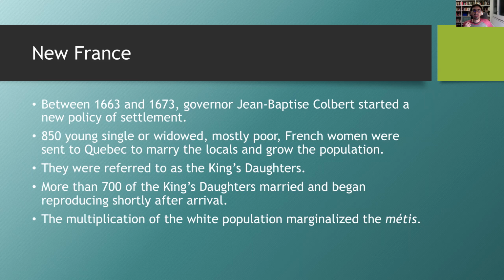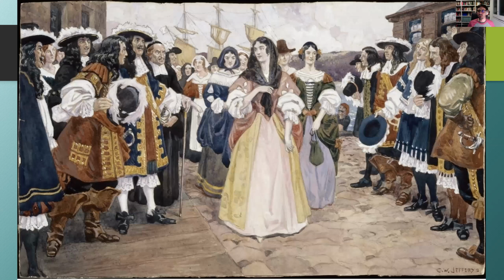So the multiplication of the white population marginalized the Métis as a group, and from then on, miscegenation became an increasingly rare phenomenon in Canada. So that's what happened there. Here's a depiction. These women have been now celebrated in Canadian traditional history for some bizarre reason, but they have become a staple of Canadian and especially Quebecois folklore.